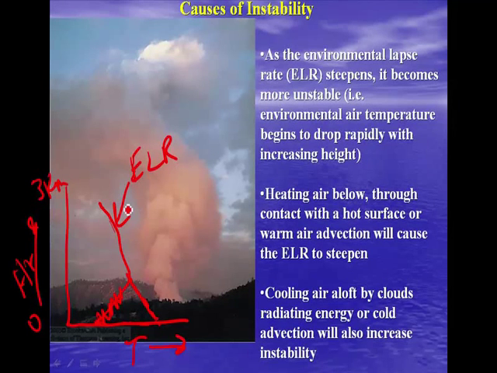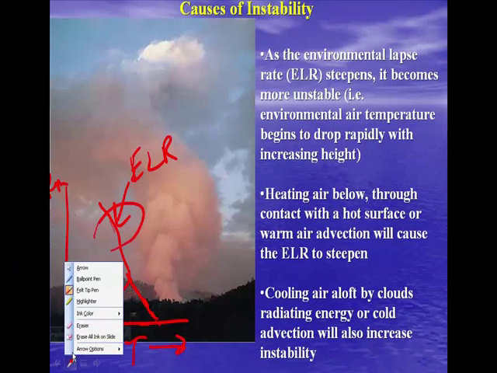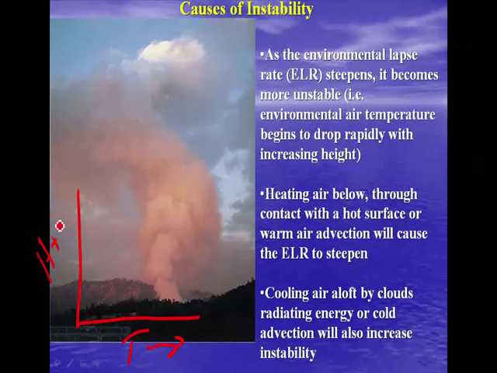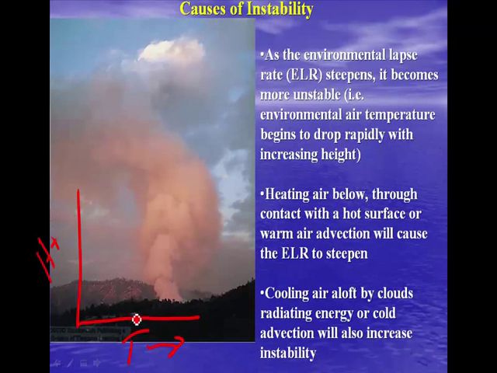Or we cool the air aloft. So let me go ahead and erase this. And you really should spend some time, especially with this slide, trying to figure out what is going on here. This is very critical to your understanding of stability. Like I said, let's say we have air doing something like this, and this is the environmental lapse rate.